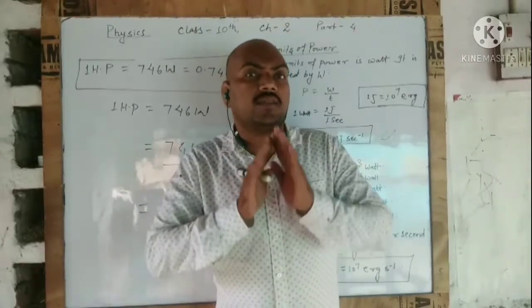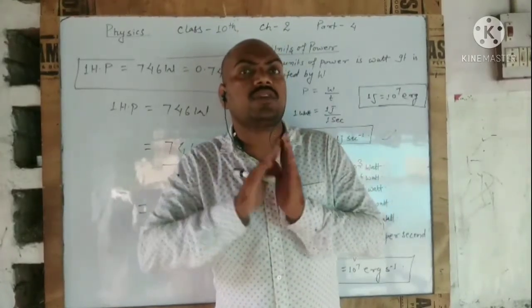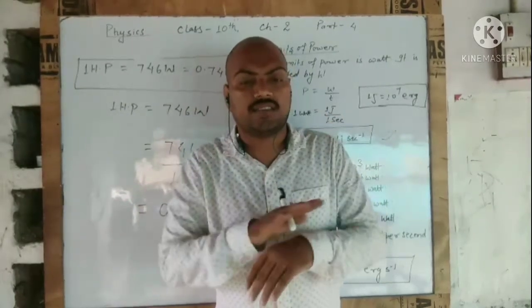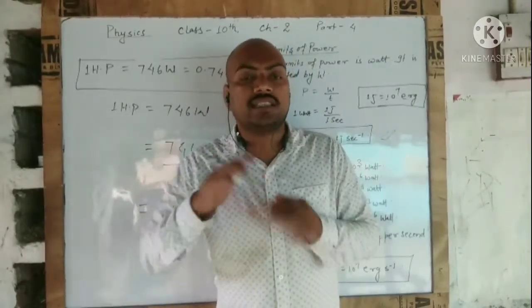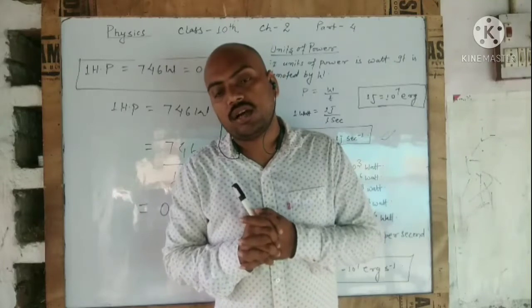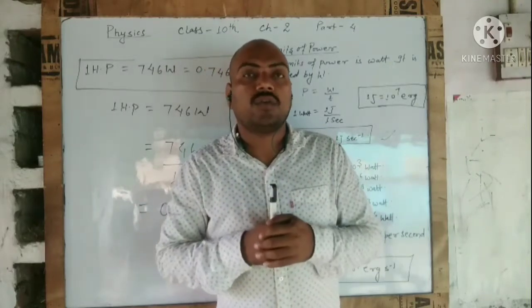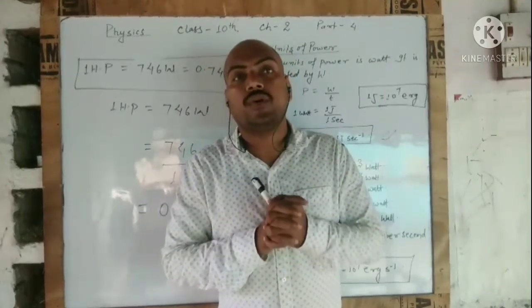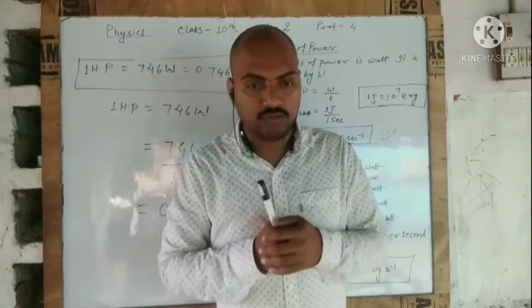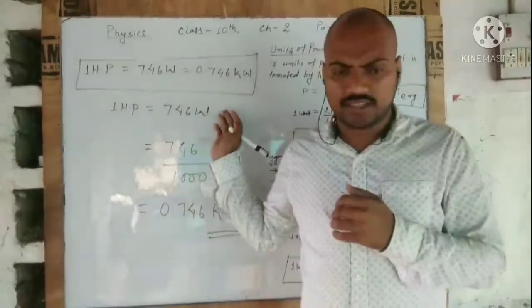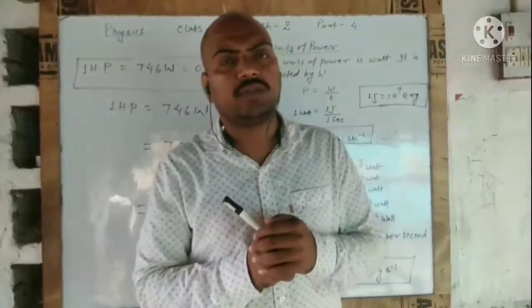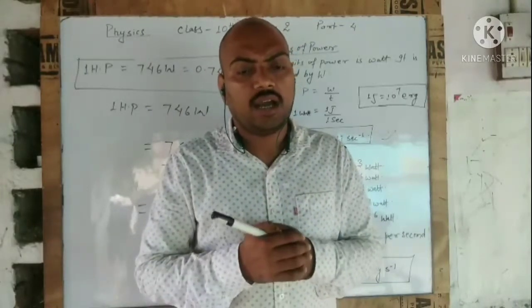That's why the SI unit of work and energy is the same, that is joule. The CGS unit of energy is erg, as the CGS unit of work is erg. As we have already studied, 1 joule is equal to 10 to power 7 erg.